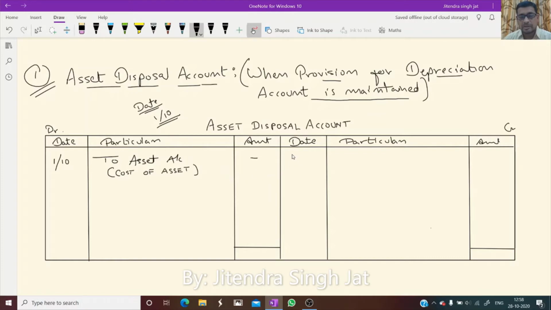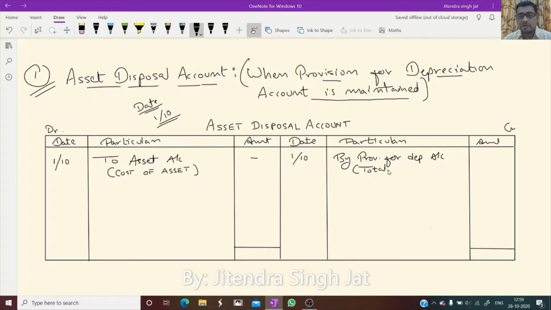Then on the same date, on the credit side, we write: by provision for depreciation account. Now, dear children, what do we write in this provision for depreciation? We write total depreciation of the sold asset.